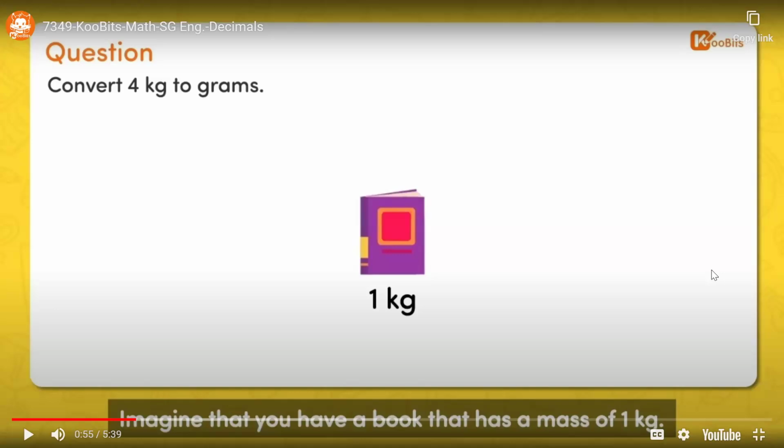This is grams to kilograms, that's not correct. This is kilograms to grams. Okay, question 3. Okay, question 4. And then 5. Okay, 6.